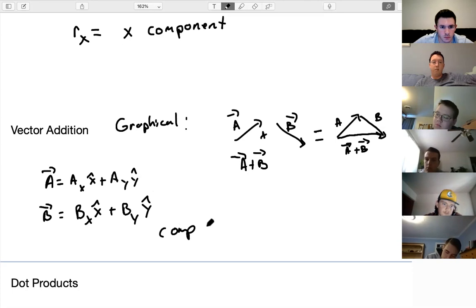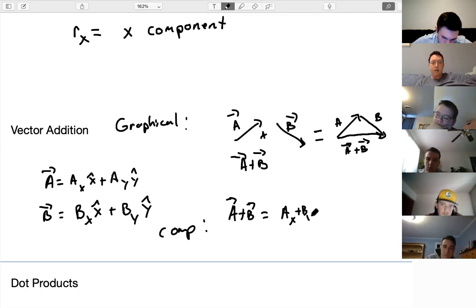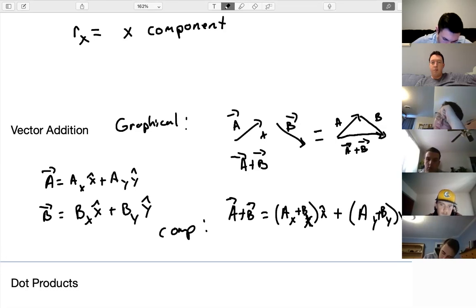Component form. Add the X's to the X's and Y's to the Y's. Yeah. So A plus B equals AX plus BX x hat plus AY plus BY y hat.